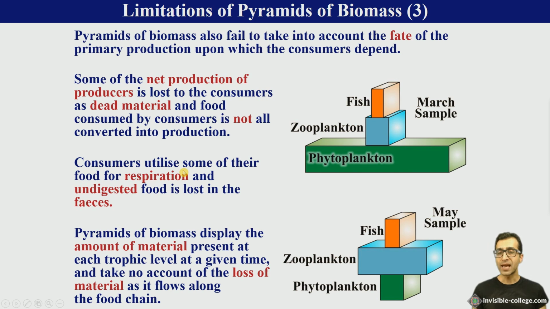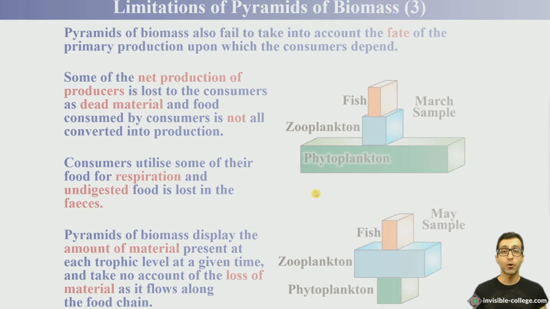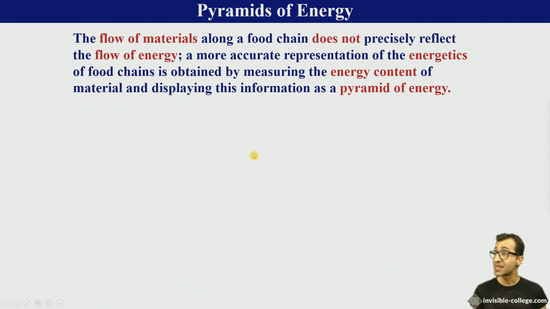So we've seen that pyramids of numbers and pyramids of biomass can be useful in certain contexts, but they have these limitations. So sometimes we make use of a different kind of pyramid, a pyramid of energy. So the flow of materials along a food chain does not precisely reflect the flow of energy, as we've seen. So a more accurate representation of the energetics of a food chain is obtained by measuring the energy content of the material and displaying this as a pyramid of energy, where the energy content of each trophic level is compared.